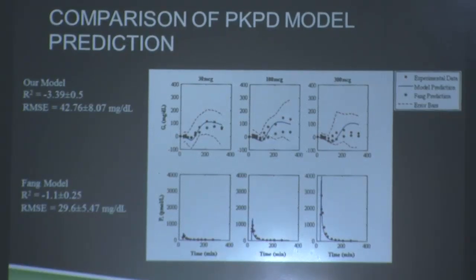But then for 300 it actually does worse, and at this point we think there's some non-linearity that occurs within the system. And we think this is why our model may not have done so well at high concentrations. But it's also good to note that such high concentrations aren't really used of pramlintide.